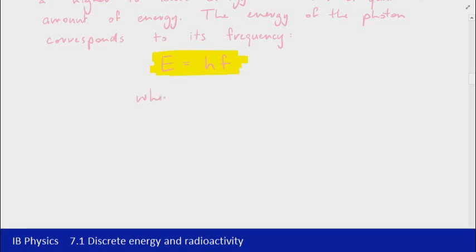So, fairly simple equation, E equals hf. E is the energy of the photon, and you'll notice that given that it's energy, it's measured in joules, so you need to convert from electron volts to joules in order to use this equation. h is known as Planck's constant, so that has a specific value, and that value is 6.63 by 10 to the negative 34 joule seconds.